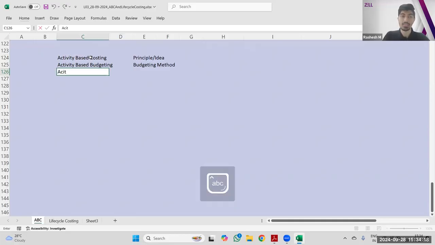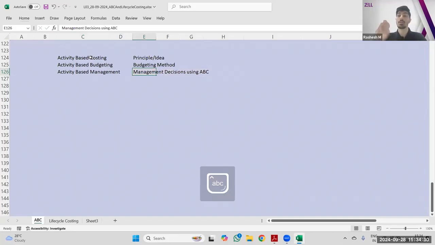And activity based management is basically nothing but management decisions using ABC. Something that you will learn at an APM level should you choose that, but that's basically the extension.